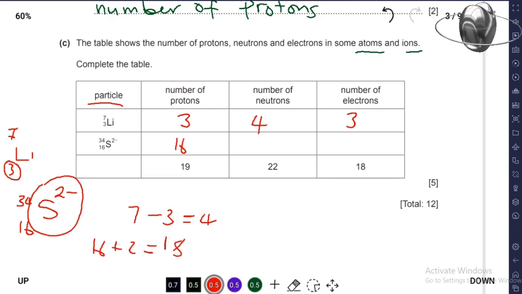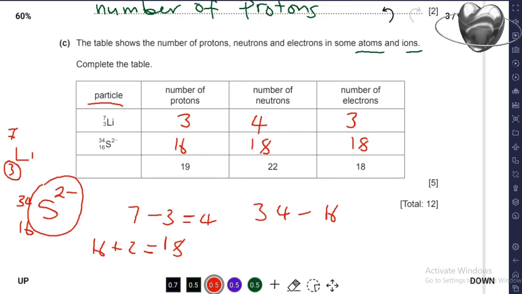For the neutron number, we subtract 16 from 34. So 34 minus 16, the answer is going to be 18. That is very important, my dear learners.